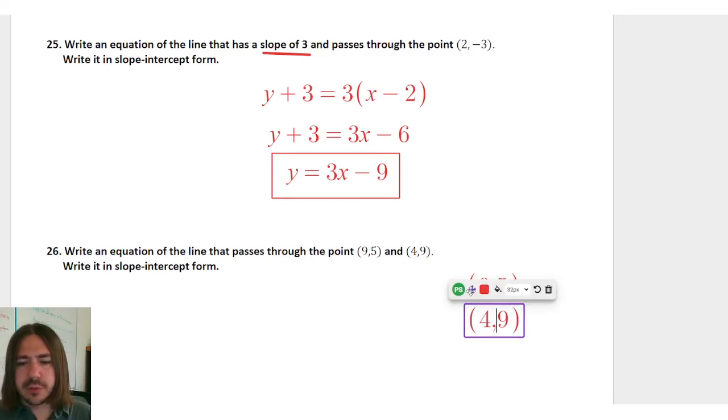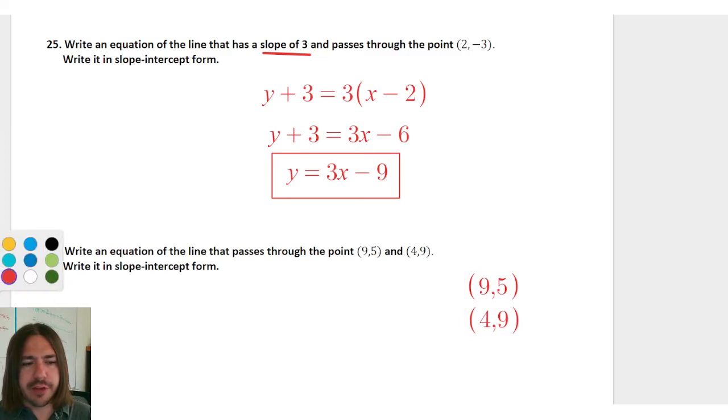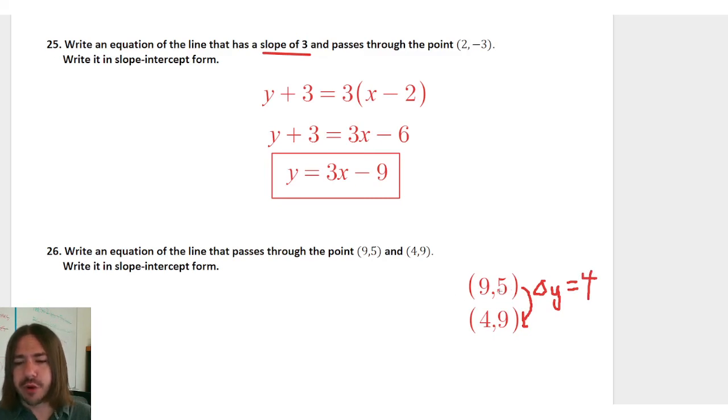So the slope, let's see here. If I'm going from 5 to 9, my change in y, my delta y, is plus 4, because I have to add 4 to 5 to get to 9. And then if I'm going from 9 to 4, I have to subtract 5.